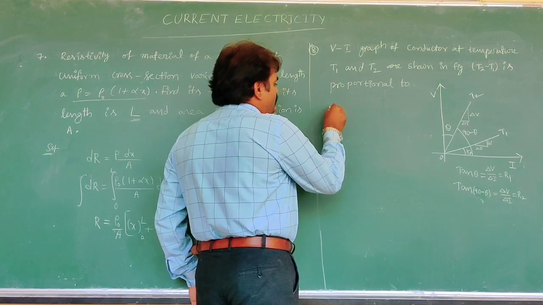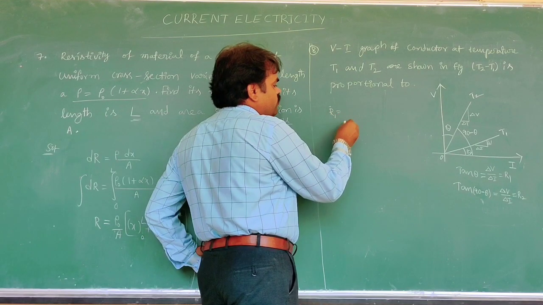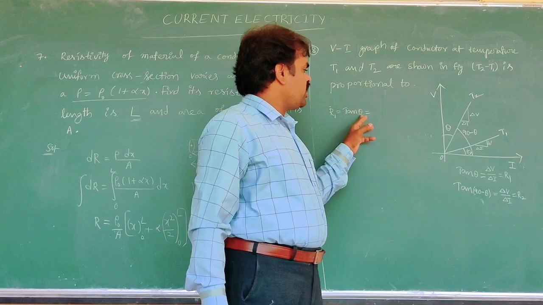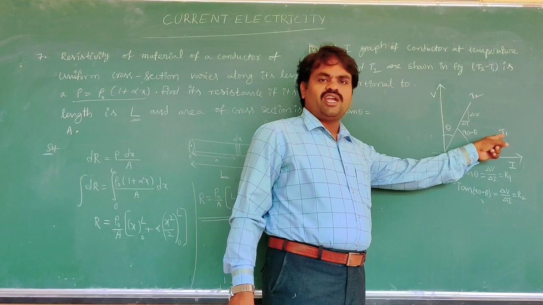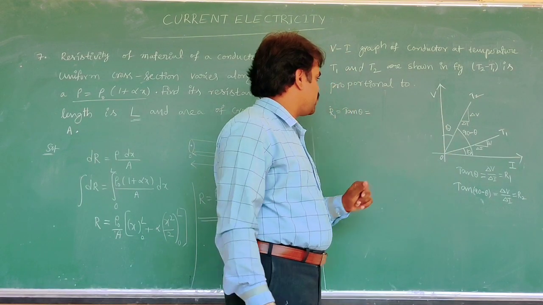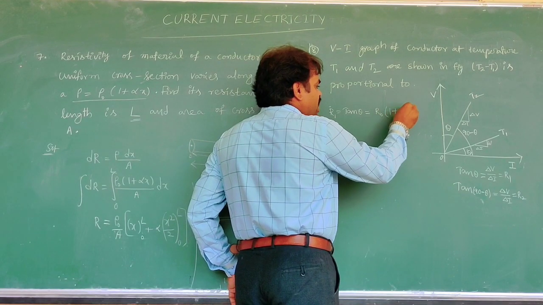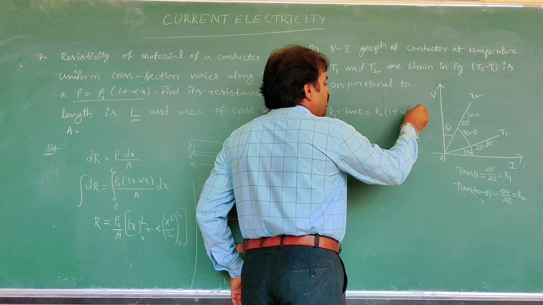Then here R1 is equal to tan theta, which is equal to, at temperature T1, for the first conductor, R0 into 1 plus alpha T1.